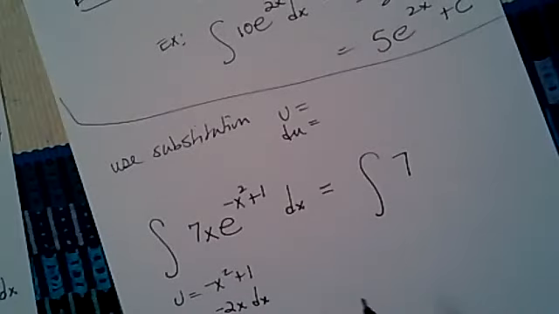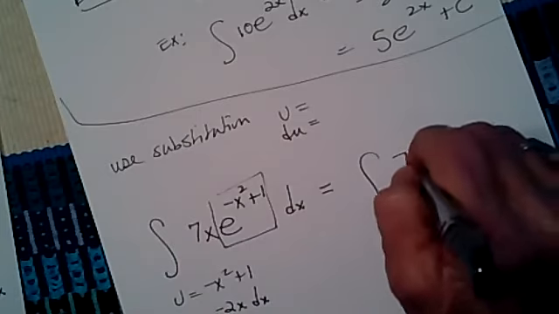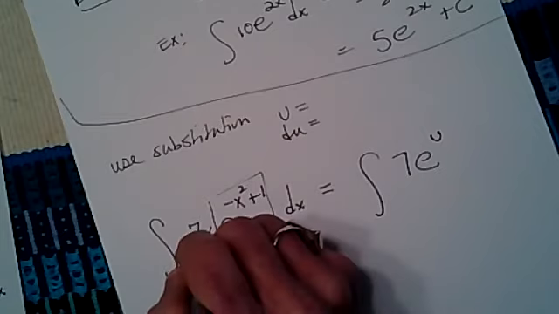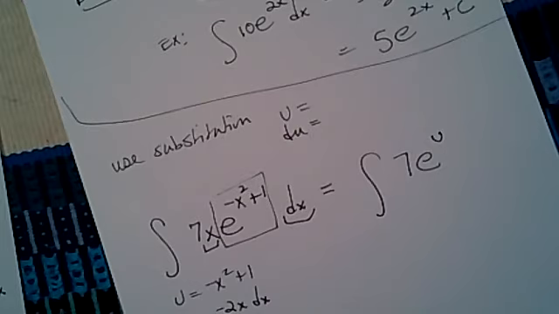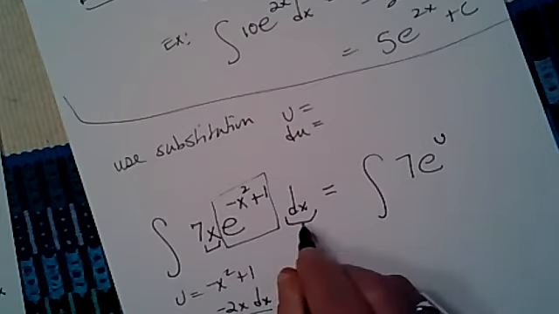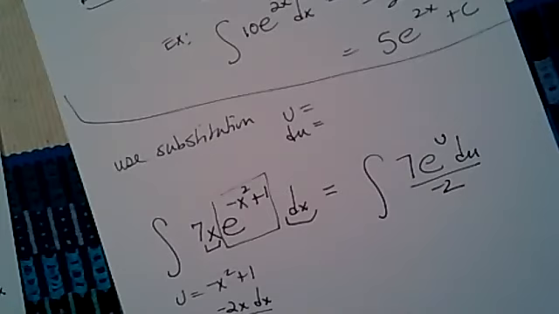Instead of u to a power, this is going to be e to the u, okay? So now I have 7e to the u. What's left over here? x dx. So I'm going to divide by negative 2, and x dx is du over negative 2.